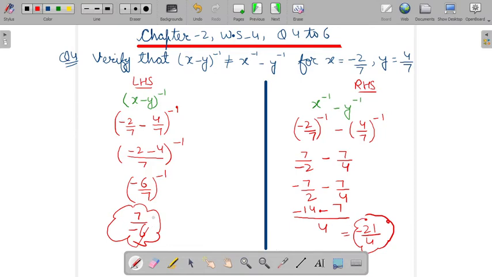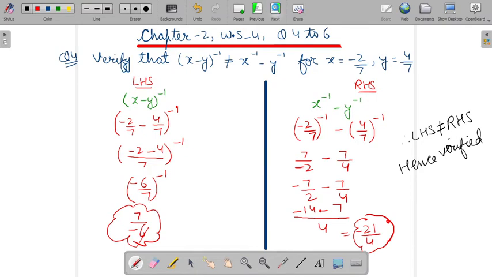LHS and RHS, both of them are different. Therefore, LHS is not equal to RHS, hence verified. Okay, so in this case, LHS is not equal to RHS.